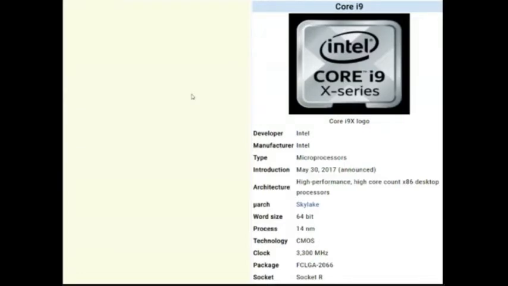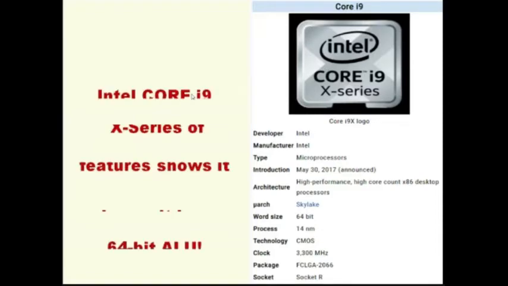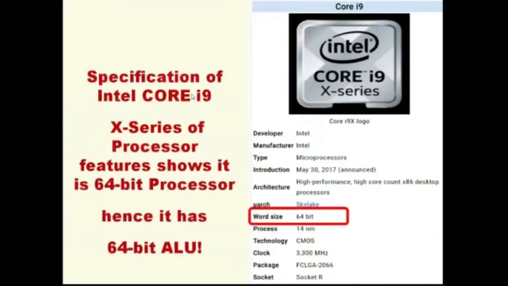That's why I have given this slide, just for our understanding. Here you see that it is 64-bit. Intel Core i9 is a 64-bit chip, which comes under the category of microprocessor. This specification and this feature show it is a 64-bit processor. Hence we can say it has a 64-bit ALU.